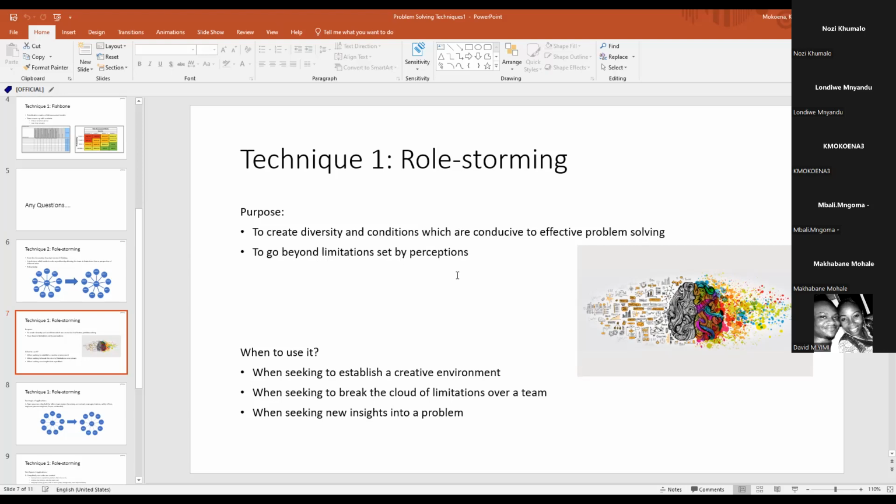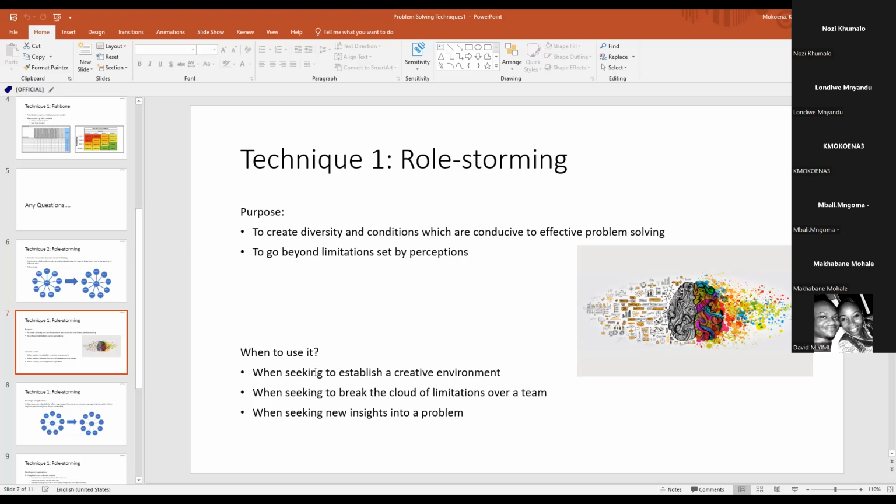So you can imagine if you were holding a role for a long time, by then you probably have limitations set by how you see things. Either you become complacent or negative about certain things and so forth, or you see things in just one particular way. So yeah, this picture just shows that from the order of things, we basically move to a place where now you get creativity, you get more color and so forth. So that will generate more ideas.